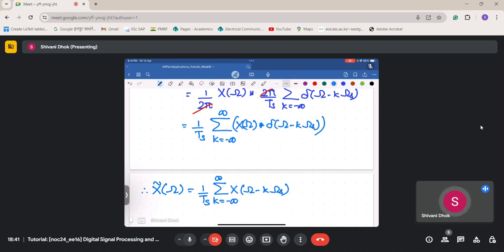So this is the first equation that I am having. Now this is a CTFT, that is continuous time Fourier transform.